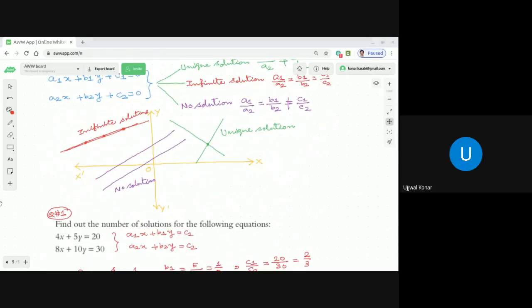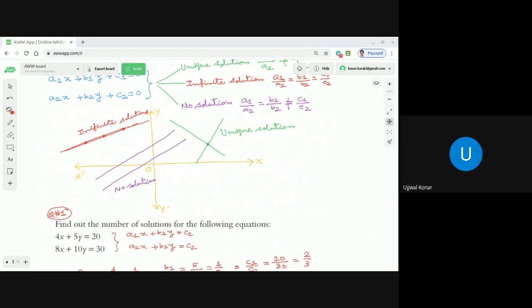So good. We had a very good discussion, and you also understood how to plot the graph on the graph paper. In fact, I didn't show you the graph paper, but I showed you how to plot this one.